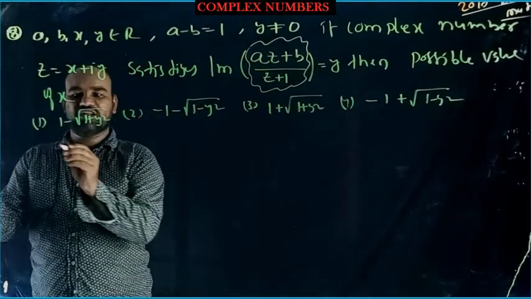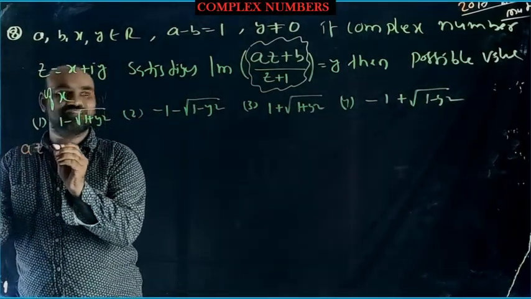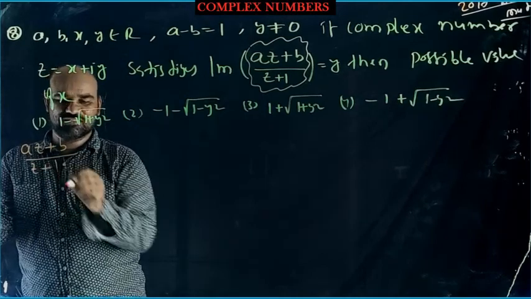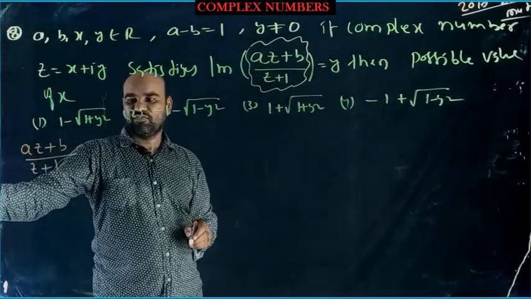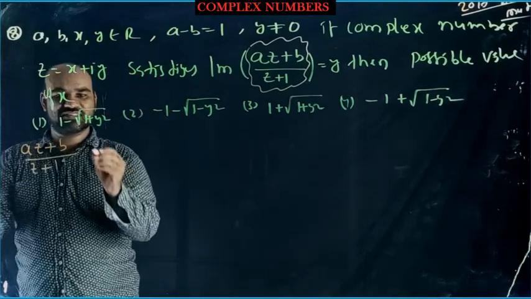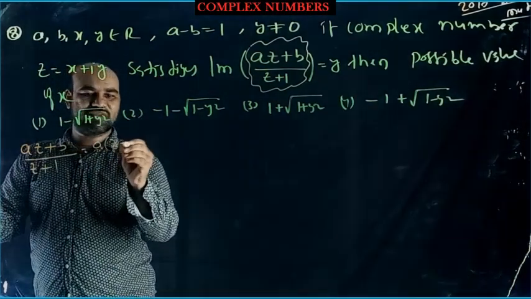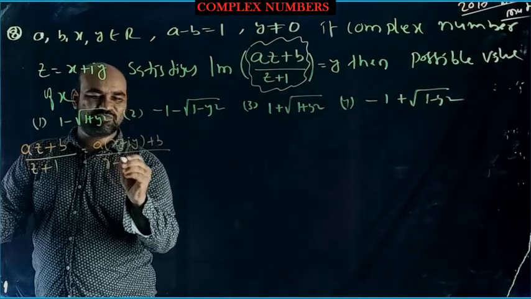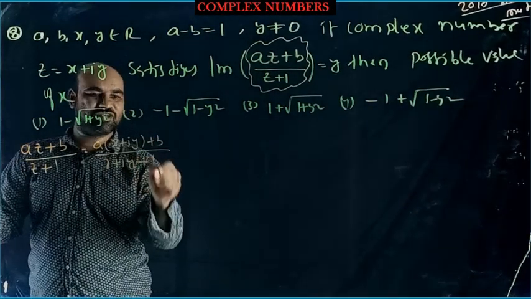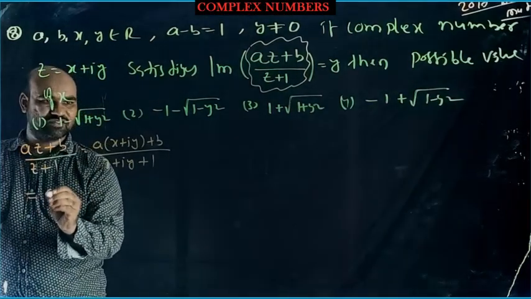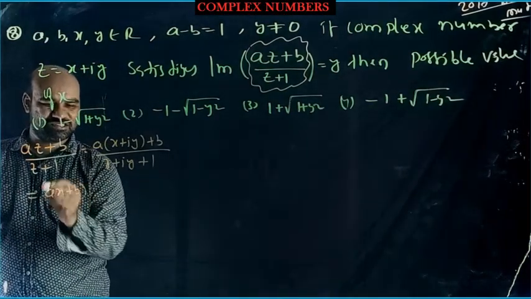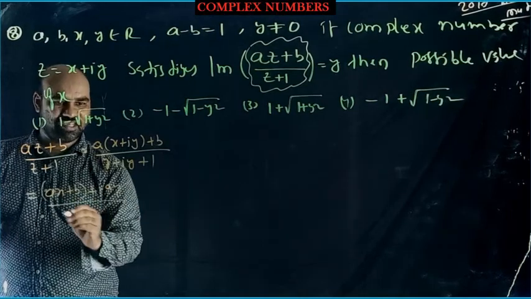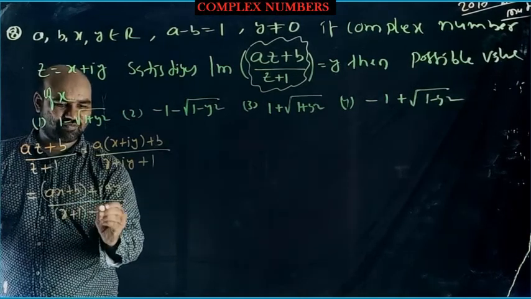First of all, (az plus b) by (z plus 1) is the same as (a(x plus iota y) plus b) by (x plus iota y plus 1), or (ax plus b plus iota ay) by (x plus 1 plus iota y).